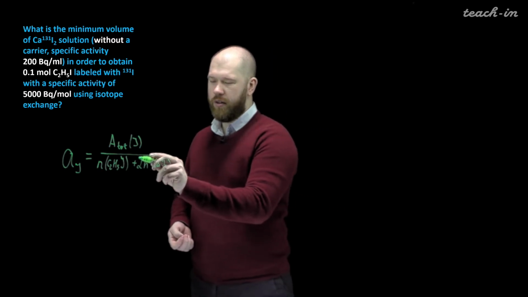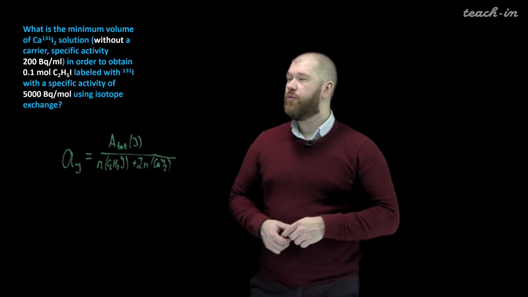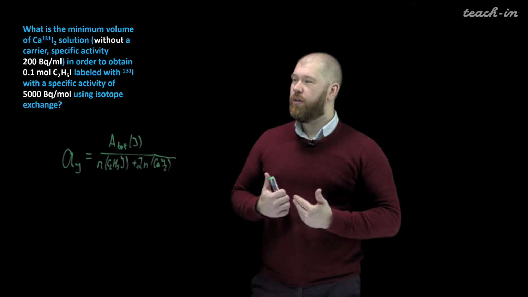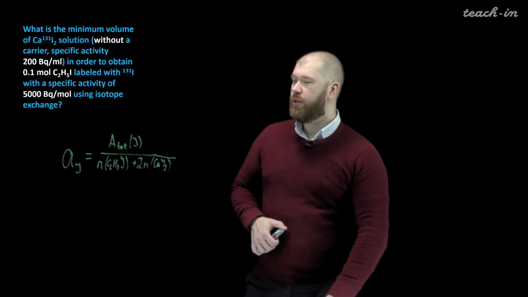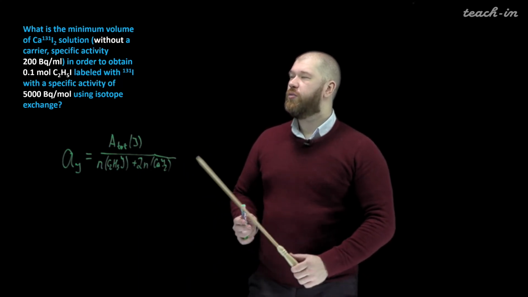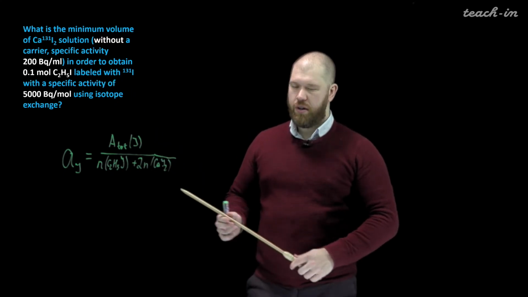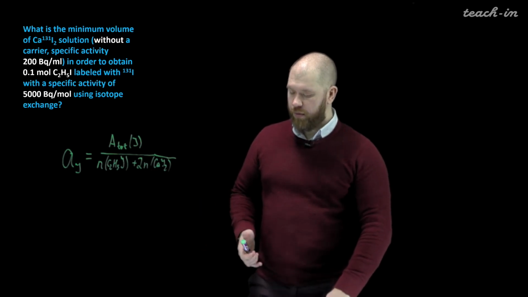That means that in one molecule of calcium iodide there are 2 atoms of iodine. But if we recalculate the amount of iodine atoms in calcium iodide, taking into account the half-life of iodine 131, we will see that the amount will be very small.